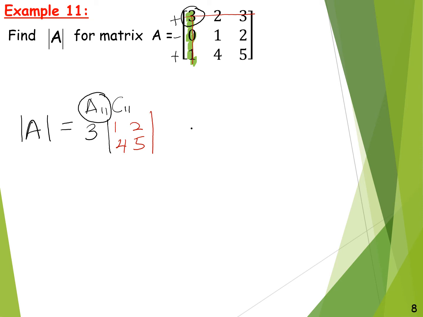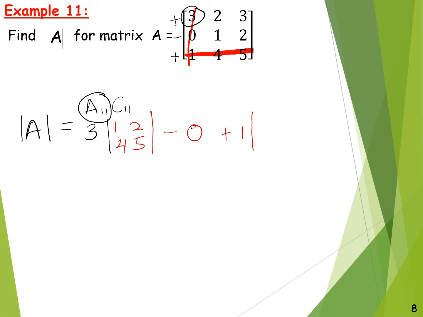Okay, and then the next element is 0. So minus 0. 0 multiplied by any value becomes 0, and then plus 1. So plus the element 1 times, now we delete the third row and the first column.